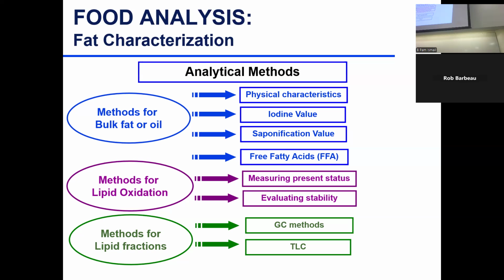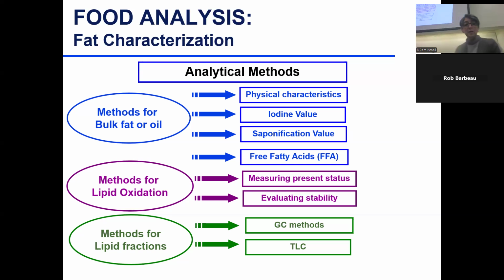But let's say you want to look into a new antioxidant to add to your ingredient or food product, whether natural or synthetic, and you want to determine its effectiveness. You add it to your oil, store it, and measure oxidation over time. That means evaluating stability over time to determine shelf life and the effectiveness of added stabilizers.